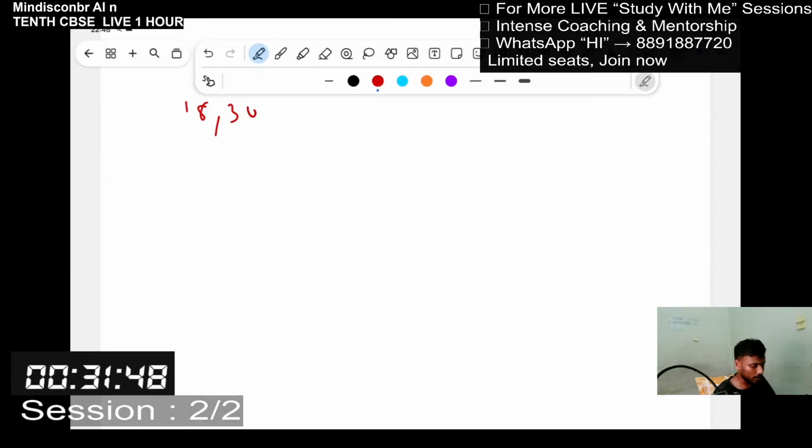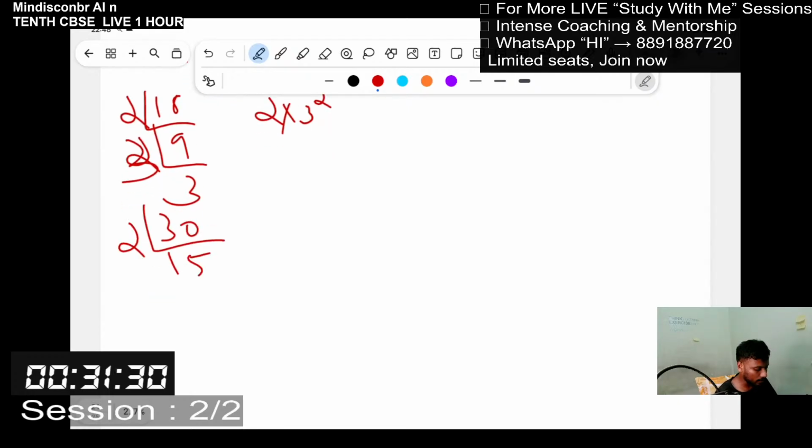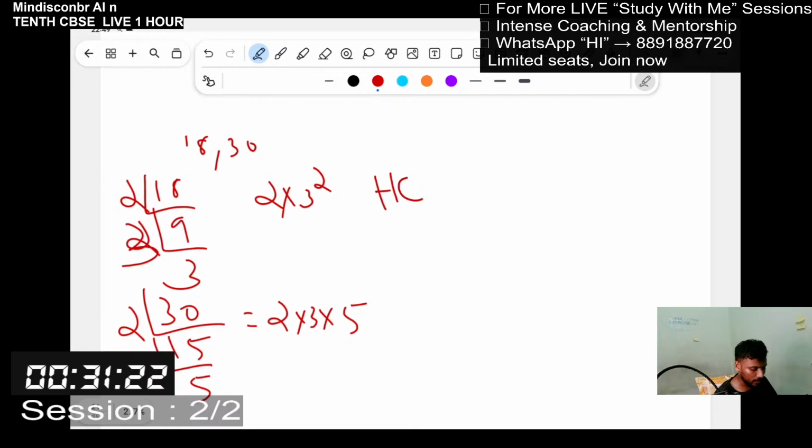Now 18 and 30. 18 is 2 into 9, 3 into 3, so 18 is written as 2 into 3 square. And 30 is 2 into 15, 3 into 5, written as 2 into 3 into 5. HCF is the highest of the common factors. The common factors are 2 and 3, and from the powers we have to take the lowest.